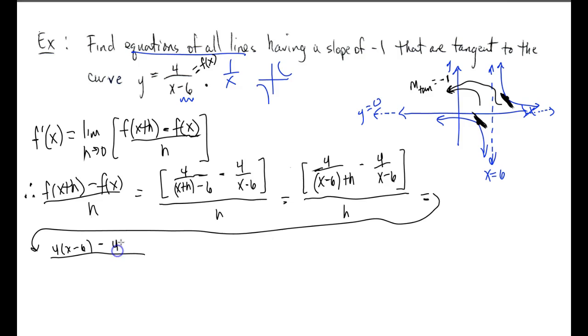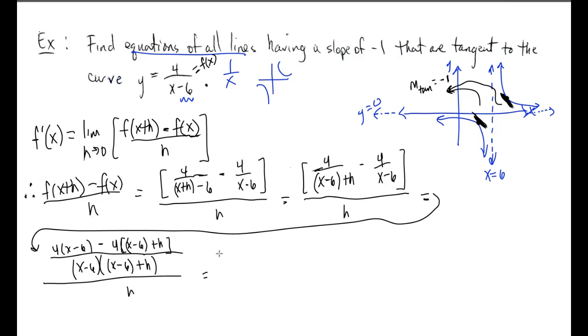So we'll have the 4 here, and this will be x minus 6 plus h, close. All of that will be over x minus 6 times x minus 6 plus h, and then all of that divided by h.